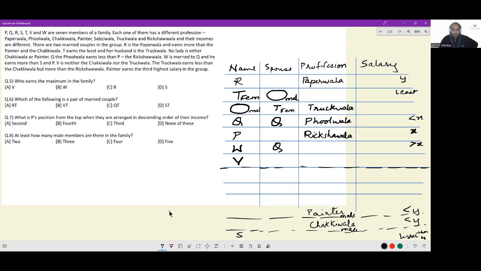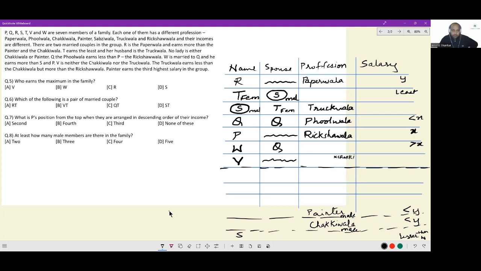But this also tells me one wonderful thing: all 7 people have been recorded, apart from S. So S can only come here. So S and T are the married couple, which also tells me R, P and V do not have a spouse.